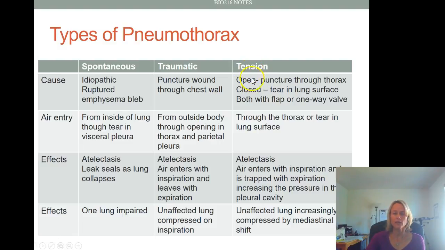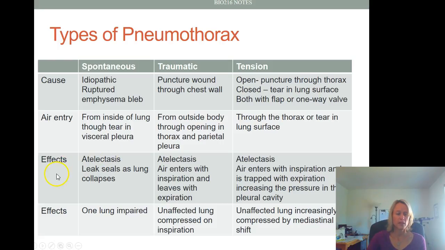Tension pneumothorax can be open due to a puncture through the thorax or closed due to a tear in the lung surface, but either way we get a flap or one-way valve that allows air in with inspiration but traps it on expiration. With spontaneous, the air entry is from the inside of the lung through a tear in the visceral pleura. In a traumatic, it's from the outside of the body through an opening in the thorax and parietal pleura. And in a tension, it can be either one, through the thorax or a tear in the lung surface.